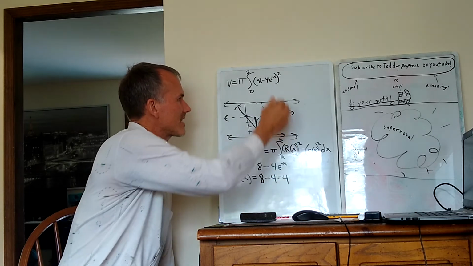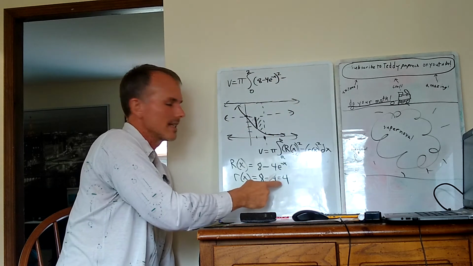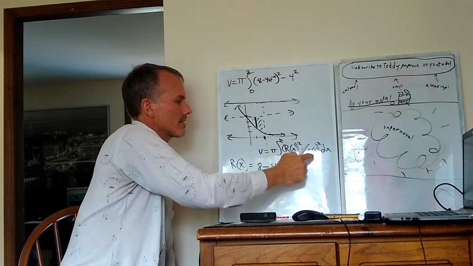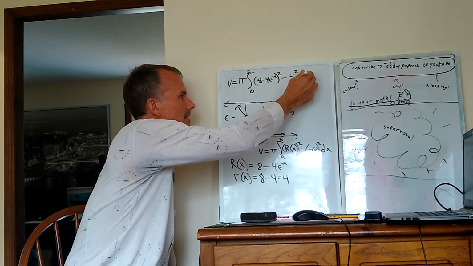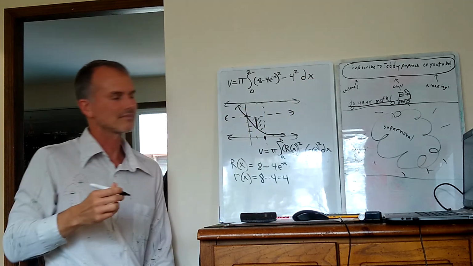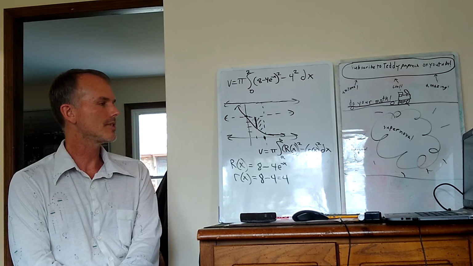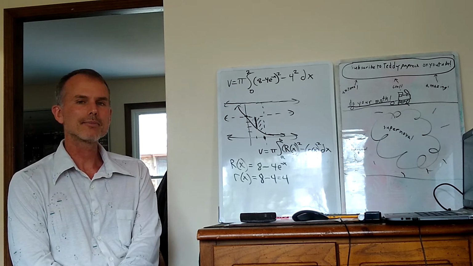And then I have a minus sign, and then I have little r, which is just 4, and that also has to be squared. Then I put a dx. Now, let me tell you something. This can be just a calculator entry, depending on the problem.